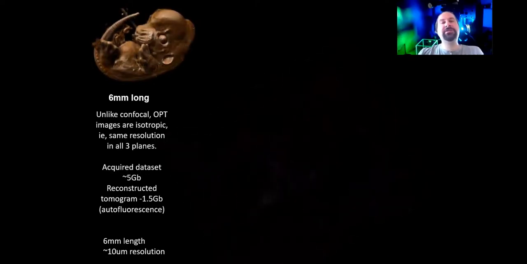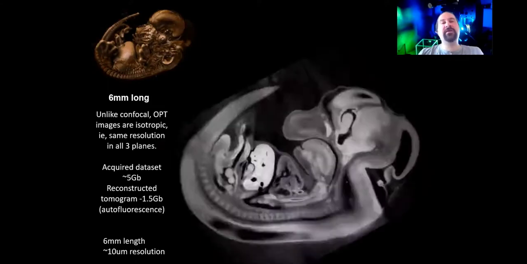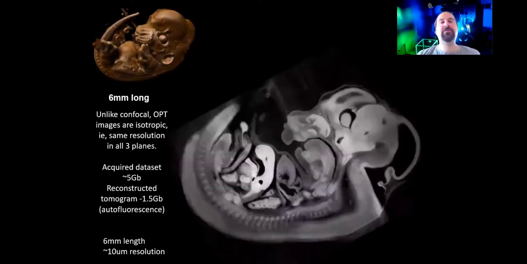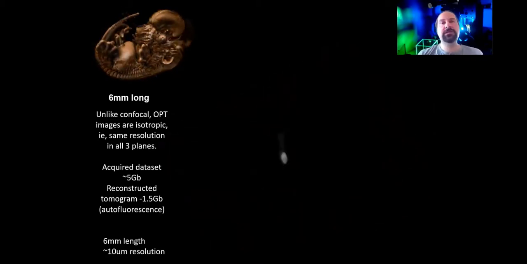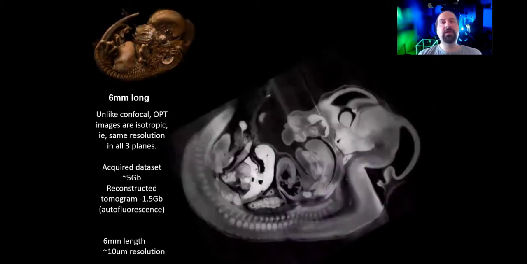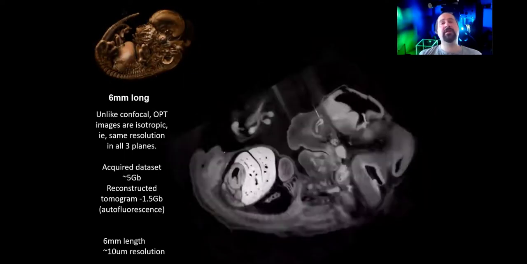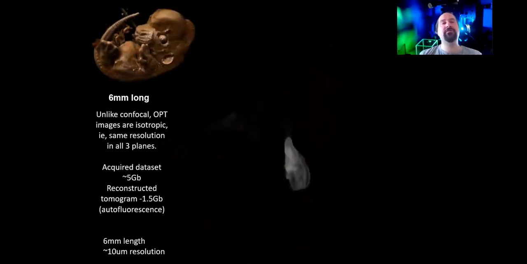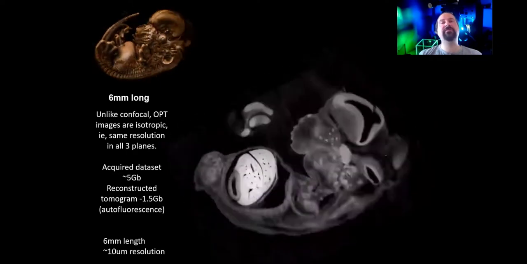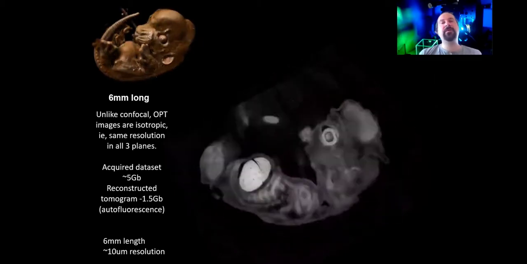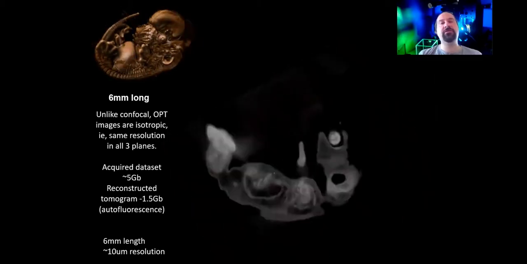And if you've tried to look at a confocal stack from a different angle, you probably have gone through the frustration of seeing, oh, it's a lot worse. I can't see the detail so well. With light sheet microscopy, that can be addressed by imaging from multiple sides and doing what's called multi-view reconstruction, where you merge different views from different angles of the sample, and with that increase the contrast and the detail on your volumes.